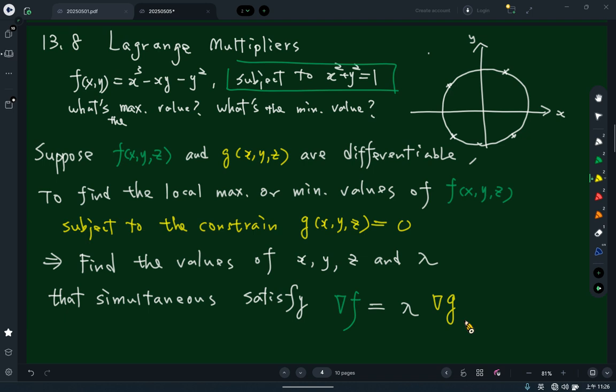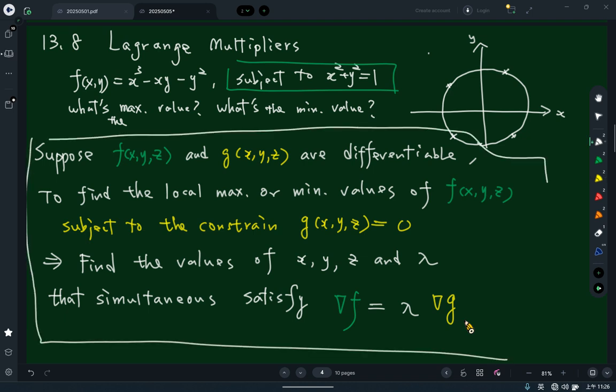So this is the rule, and later I will show you how to do that, and then I will use one example to show why gradient f should be equal to lambda times gradient g.